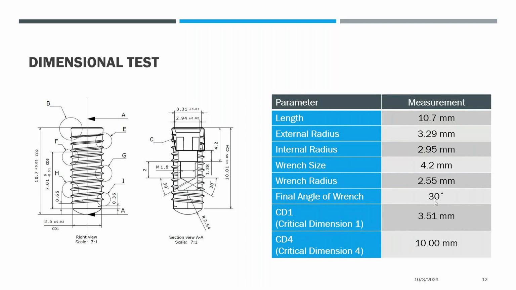Final angle of wrench was 30 degrees. CD1, or the first critical dimension, was 3.51 millimeters, as you can see from the technical drawings. And the critical dimension number 4 was 10 millimeters, which were exactly as our 3D CAD models. So again, in this dimensional test, we have gotten proper results.